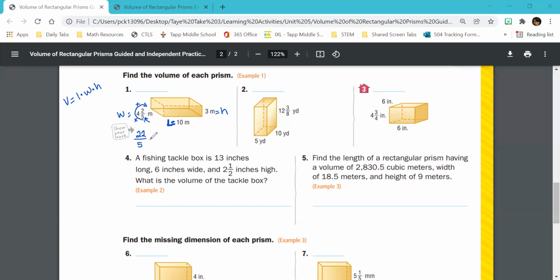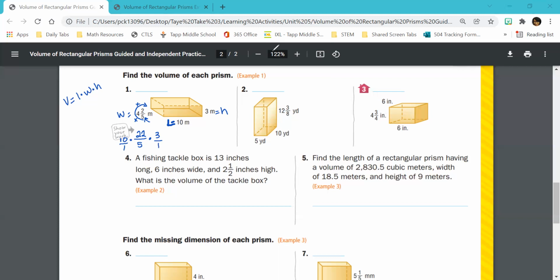Okay, so that's my width. Now I can go ahead and multiply that with my length of 10 and multiply that by my height of 3. Now notice I have a fraction here. So to make it easier, I am going to make the other two numbers look like a fraction as well.